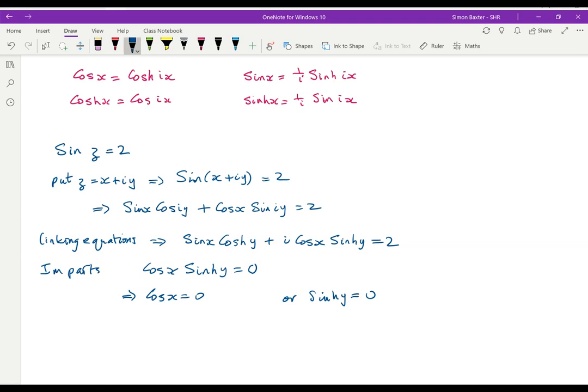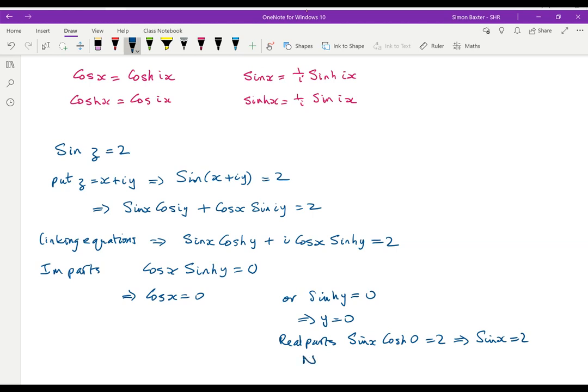If sinh y is 0, then y equals 0. And if y equals 0, if we look at the real parts, you get sin x cosh 0 is 2. That tells us that sin x would have to be 2, because cosh 0 is 1. x is a real number.